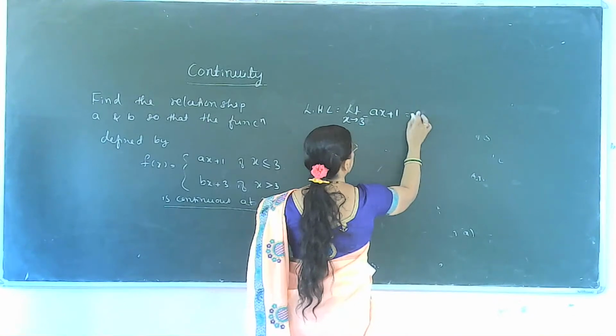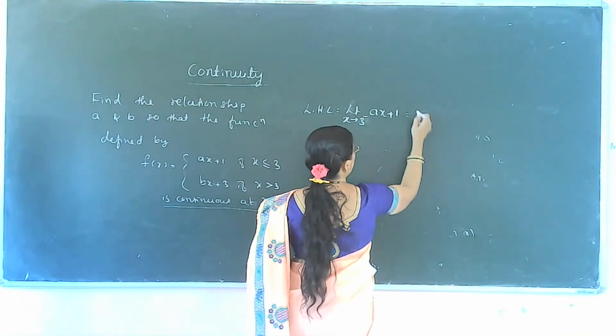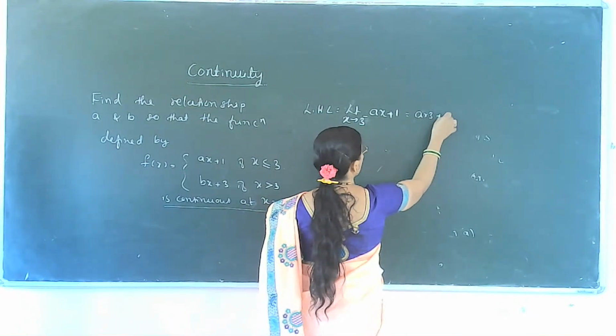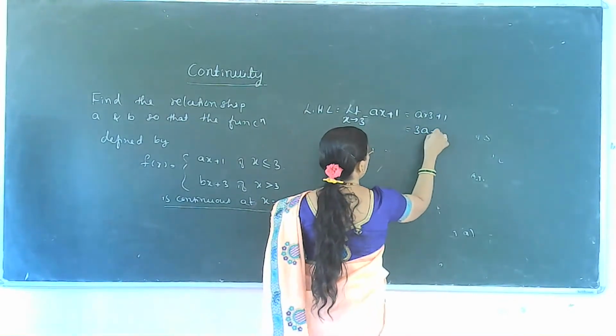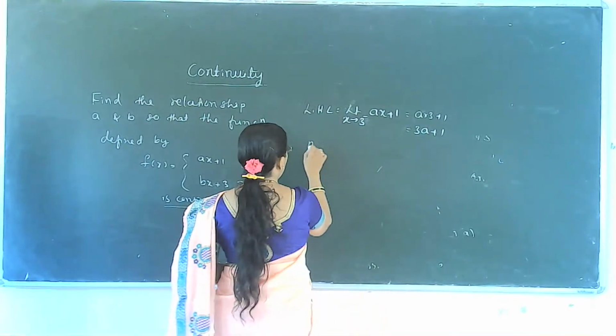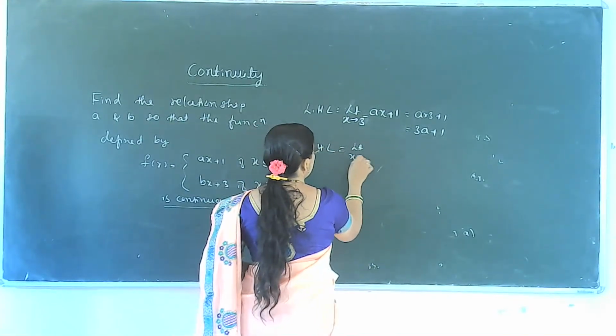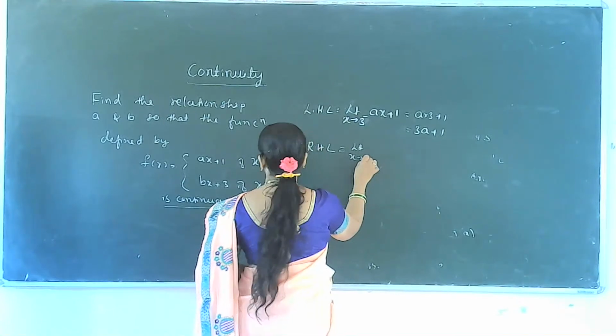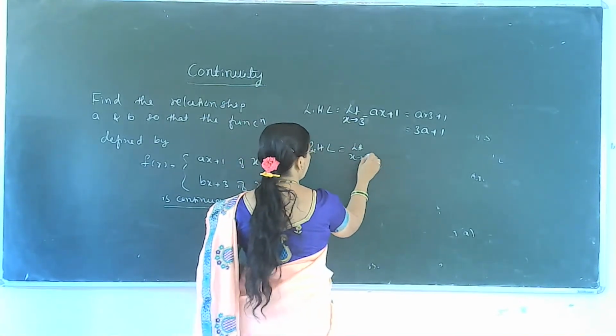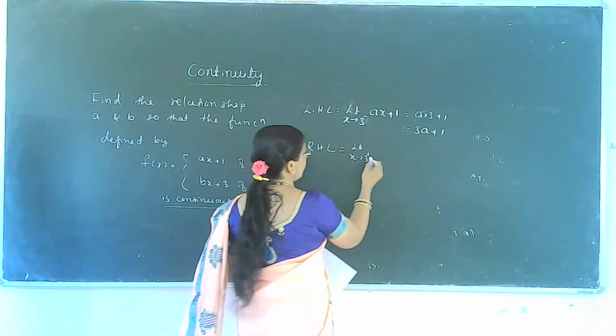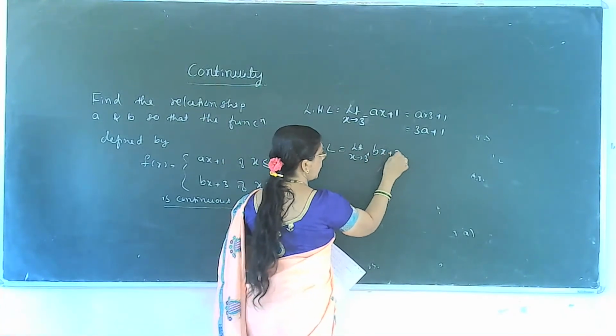Therefore, it is a into 3 plus 1, which is equal to 3a plus 1. Then the RHL is the limit of the function as x tends to 3 plus, which is equal to bx plus 3.